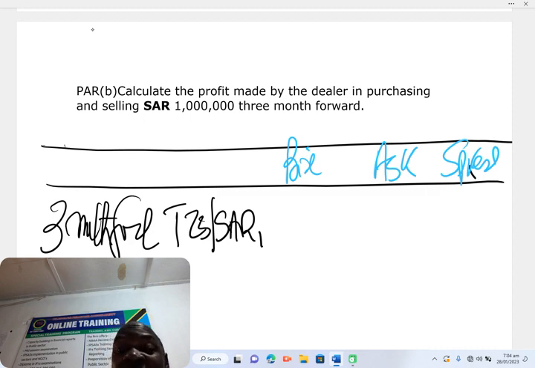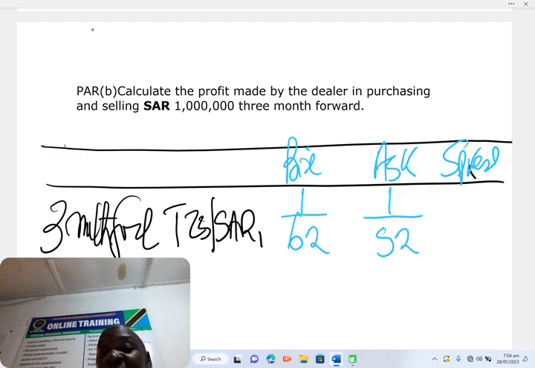Remember, bid is 1/62. Do you see there? And the ask is 1/52. Can you compute spread? Yes. You can see the spread there. It is 10/62 from our computation there.